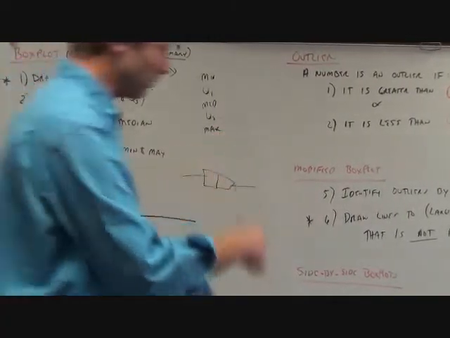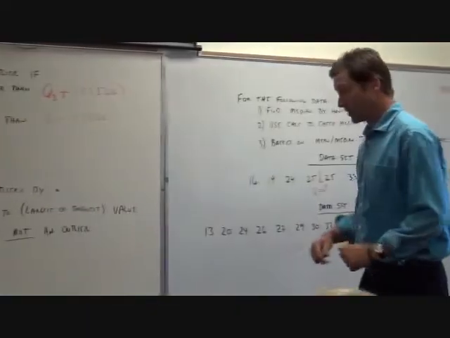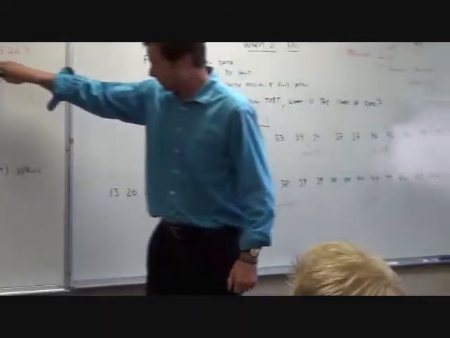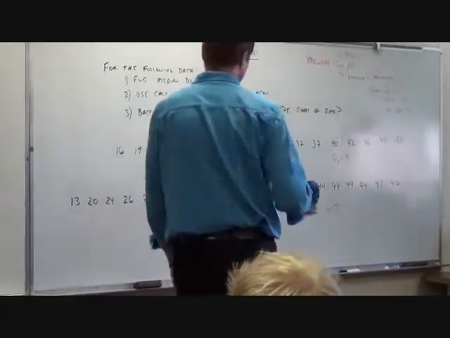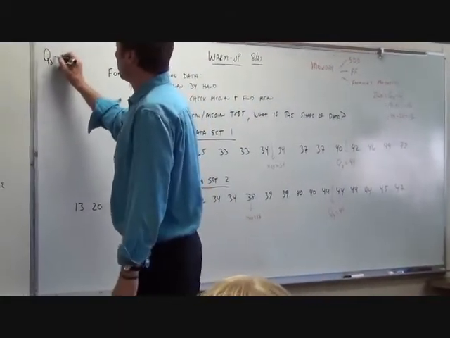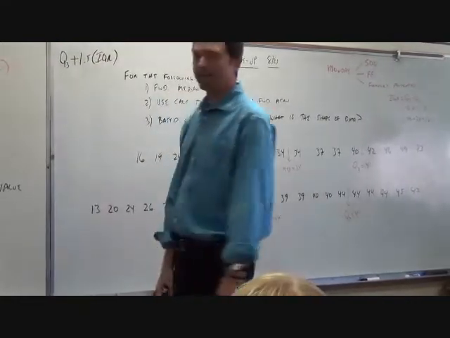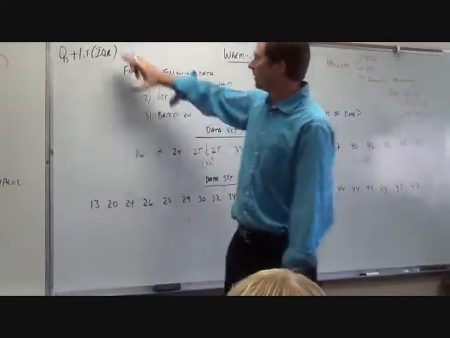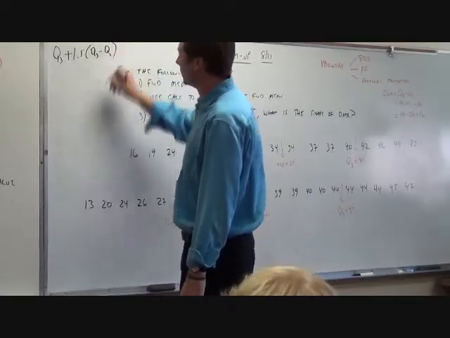So let's do Bonds' high side right now, and see if that 73 was an outlier. We're going to use this formula to see where the boundary is. For Bonds, Q3 was 41. First we write the formula, of course: Q3 plus 1.5 IQR. If you want to be more specific, the IQR is Q3 minus Q1.